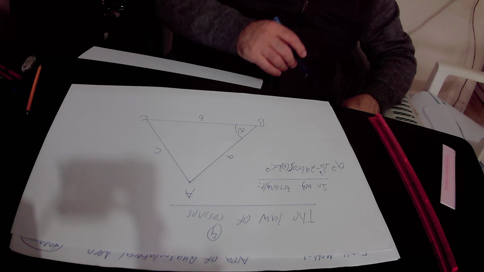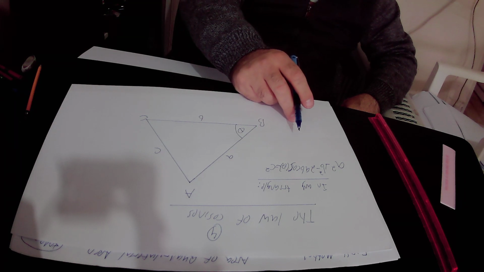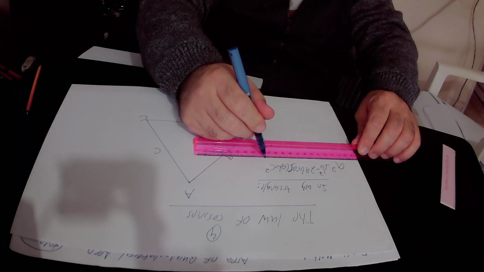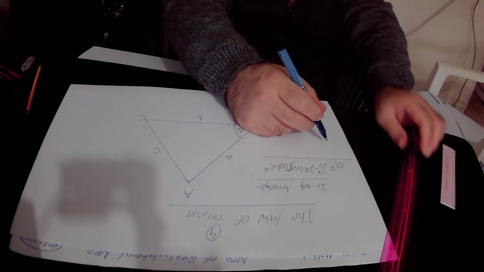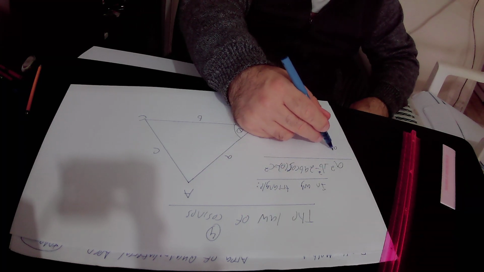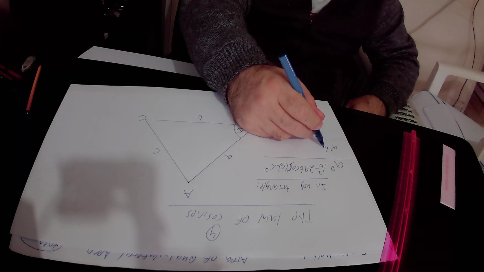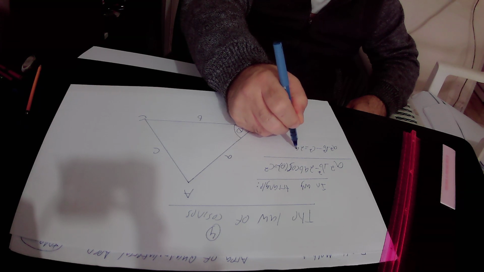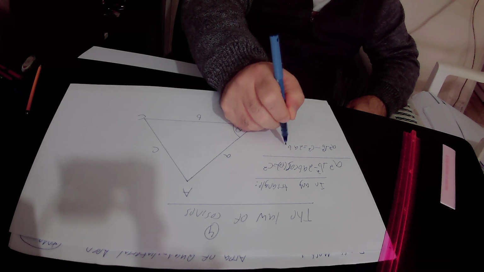Here we will subtract C squared and then add 2 times AB cosine theta to this equation, and we will get that A squared plus B squared minus C squared equals 2 times A times B times cosine theta.